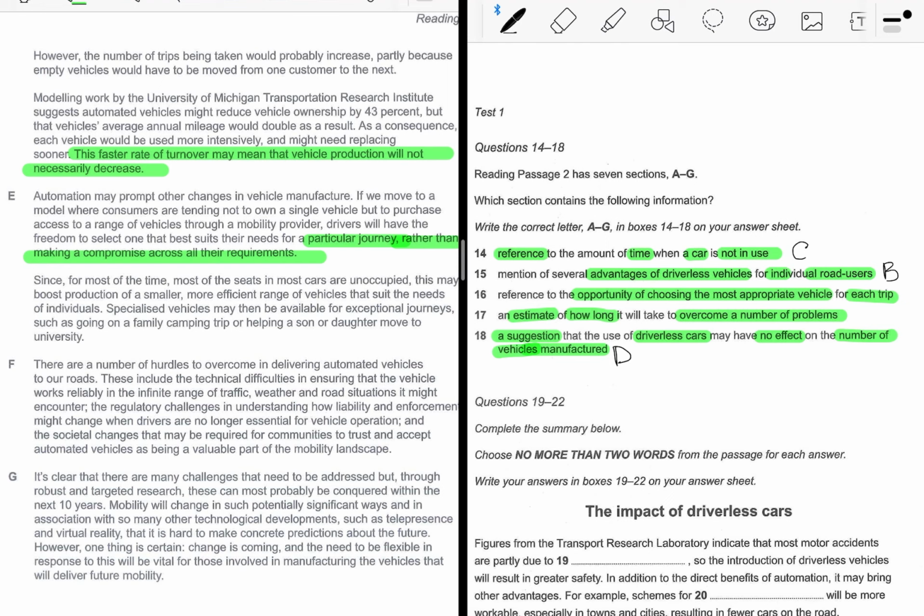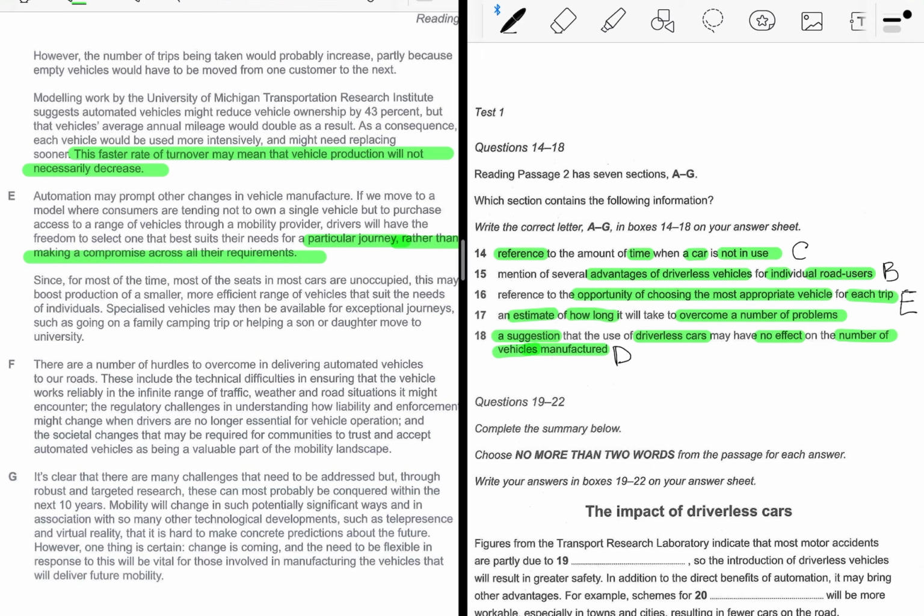In question number 16, the keywords were opportunity of choosing the most appropriate vehicle for each trip. So the answer is E.